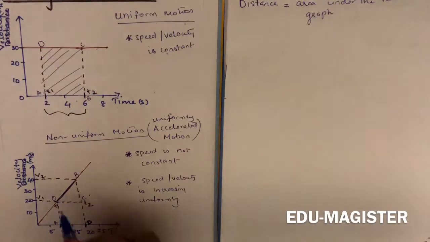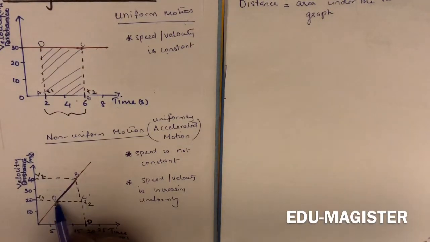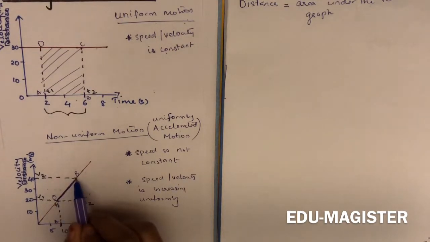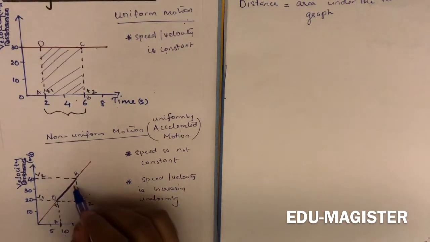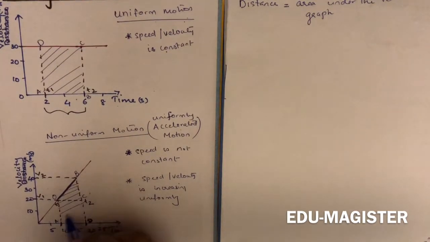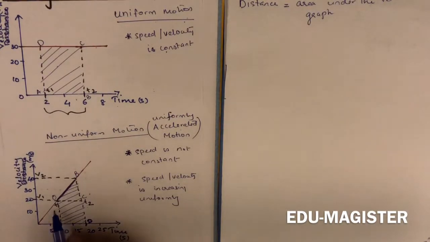OB is the curve that I am talking about. So I'll have to find this area. This area will give the distance covered by the object during the time interval T1 and T2.